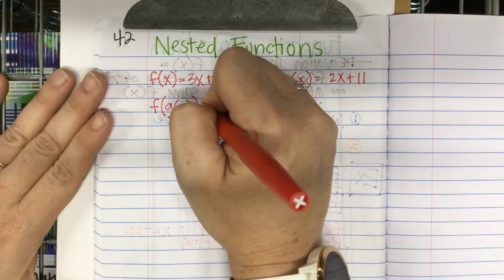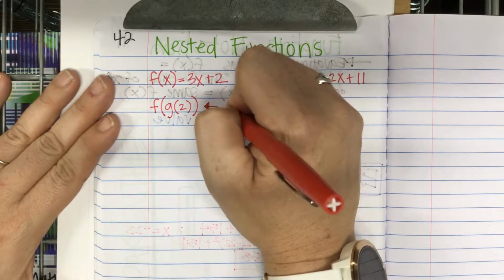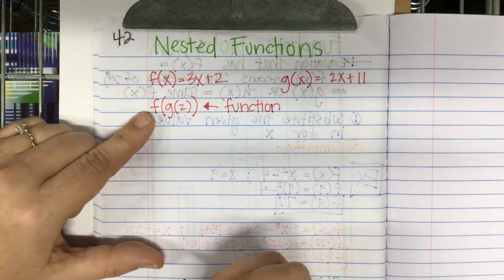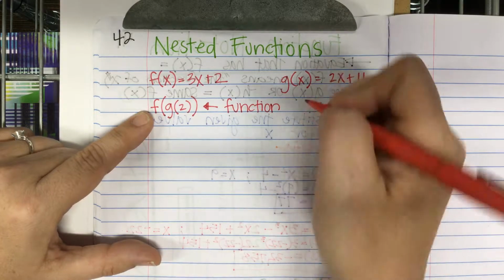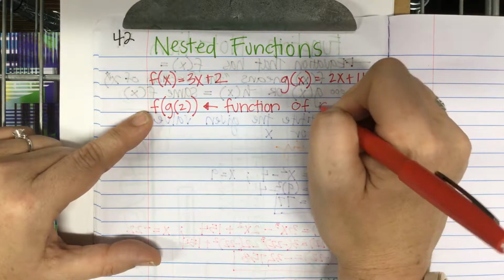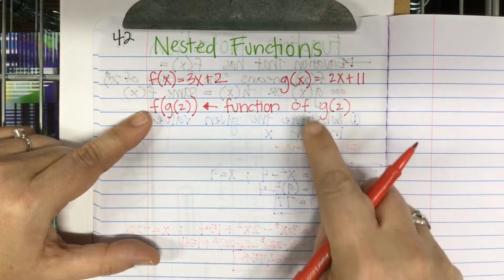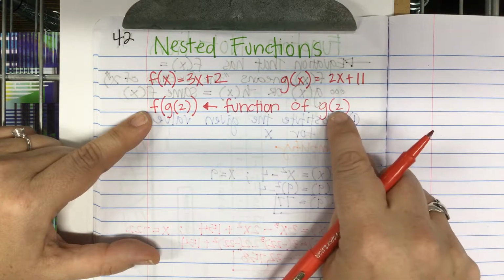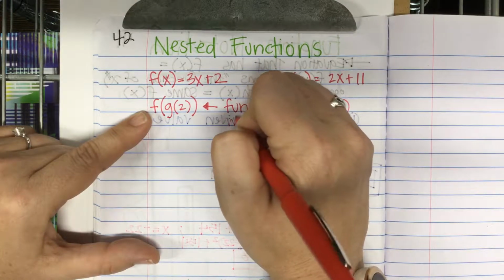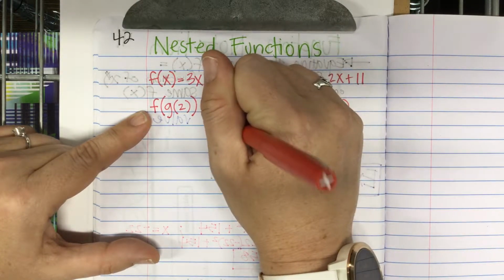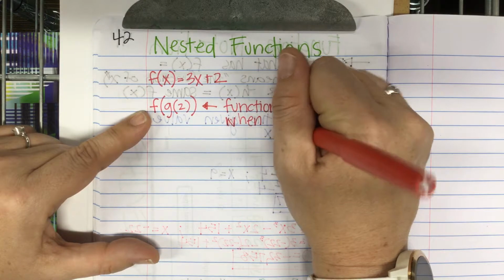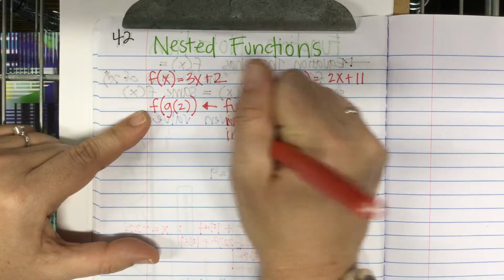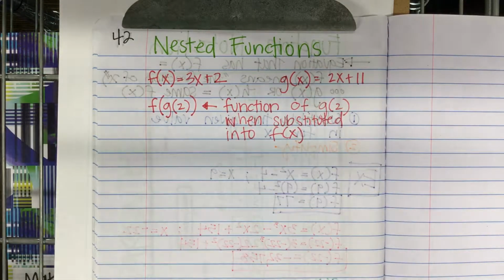And what this means is I want to know what is the function of g of 2. So when I put 2 into g, what's that function when substituted into f of x?